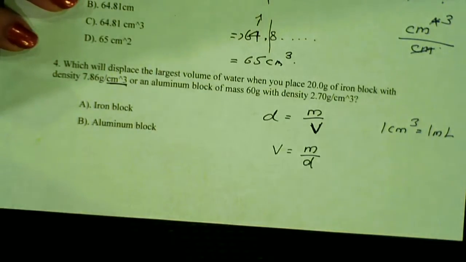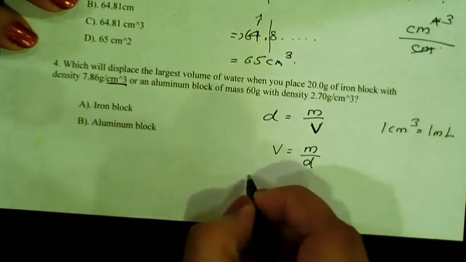And when you put something in water, whether it sinks or floats, it will displace that much volume, like how much volume it takes up to stay there will be displaced by that block or whatever the substance is.